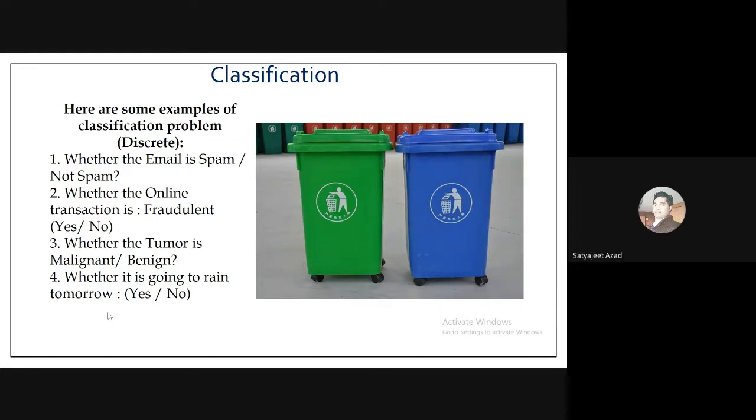So where it is a two-way classification, whether there will be rain or not, you apply logistic regression. Typically, if you have more than two classes, then you apply linear discriminant analysis. Then I'll explain how you can distinguish between logistic regression and linear discriminant analysis.